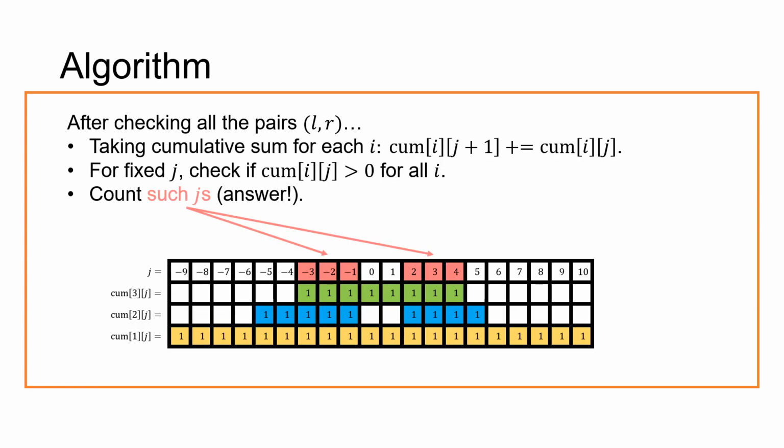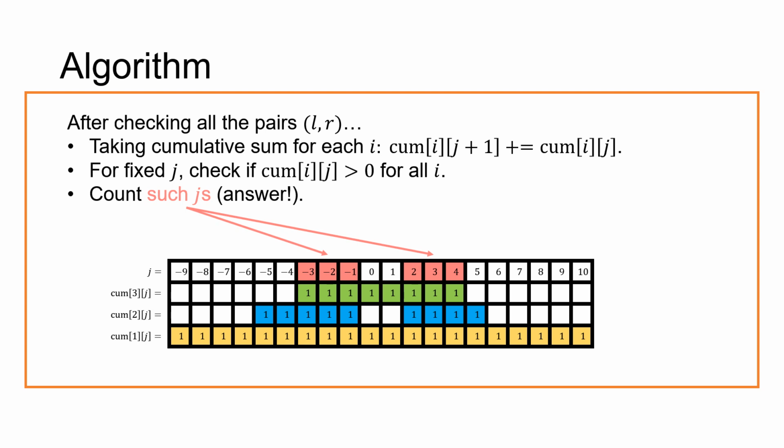After checking all the pairs L and R, we take the cumulative sum for each number line cnt[i]. We finished getting n necessary conditions. Now we start to take the intersection.